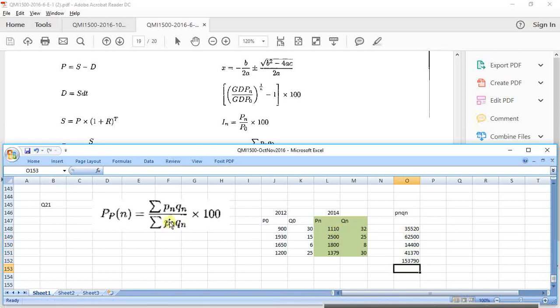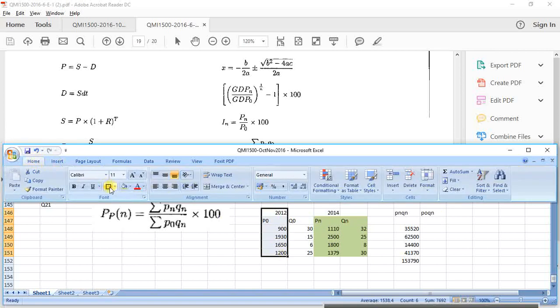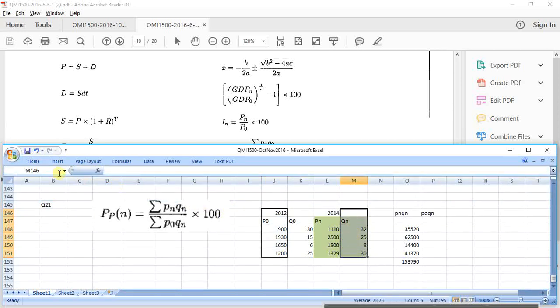Alright, then we want P0QN. So P0 and QN. So this times that gives me that.